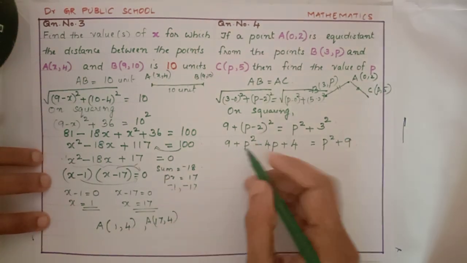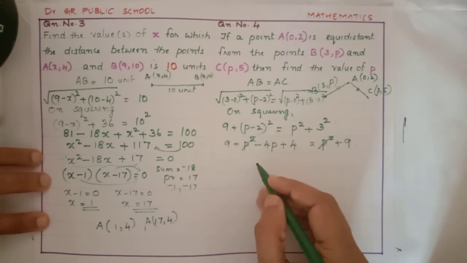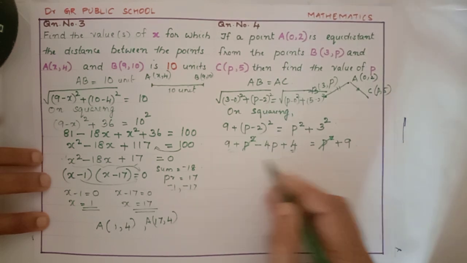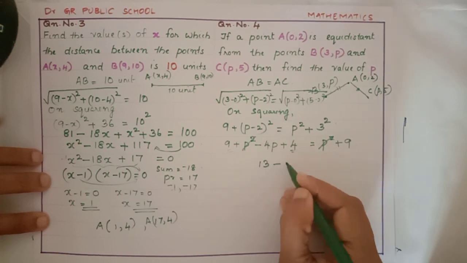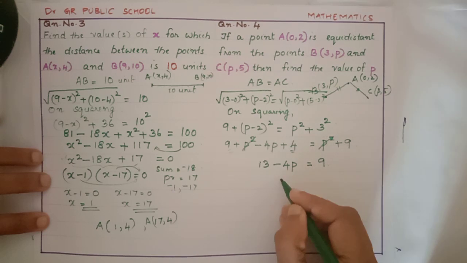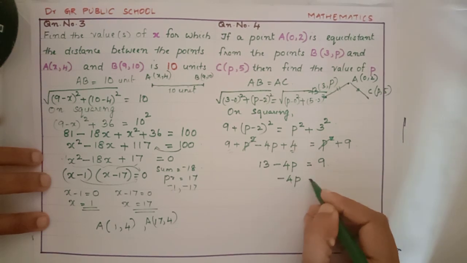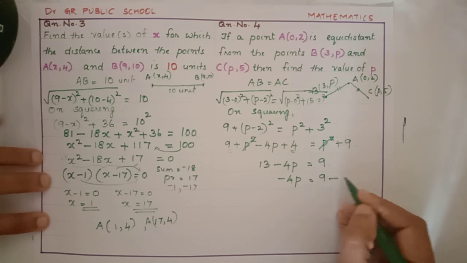Okay children? So p square we can cancel. Here we have 9 plus 4, 13, minus 4p equal to 9. So minus 4p equal to 9 minus 13.